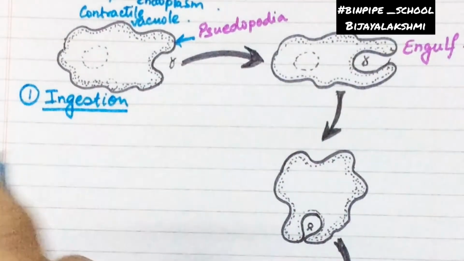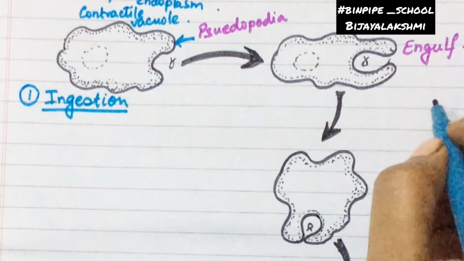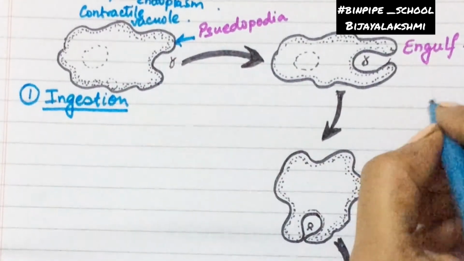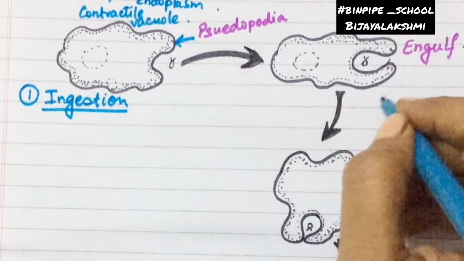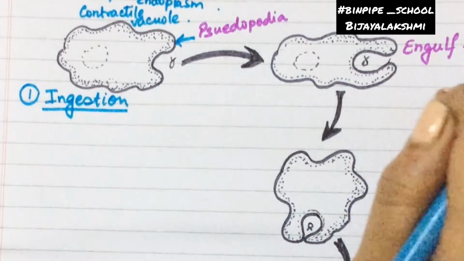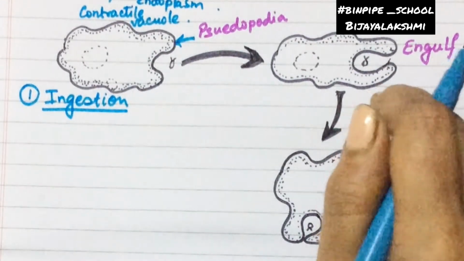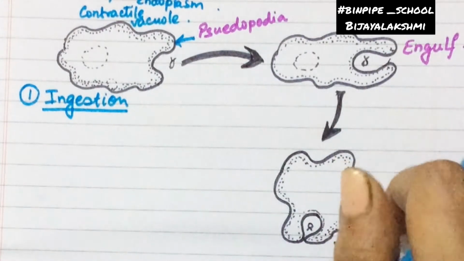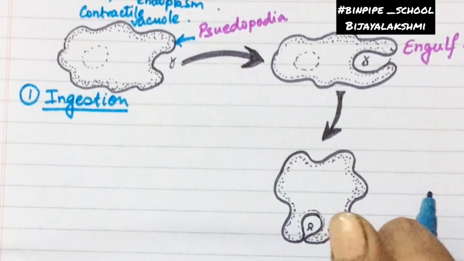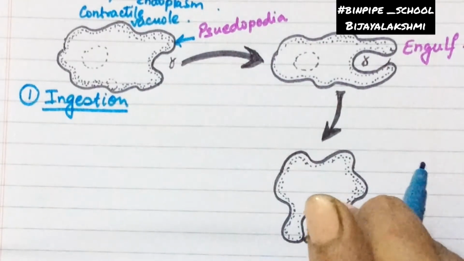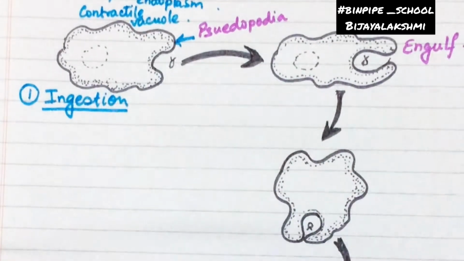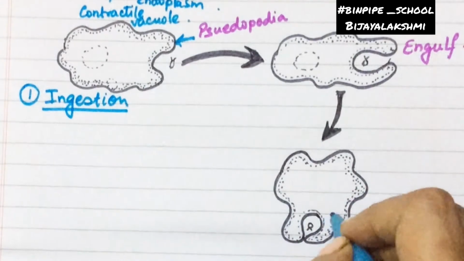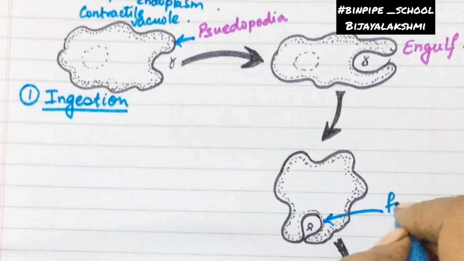Now what happens when the food particle comes near to amoeba? It is surrounded or encircled. This process is called engulfing, and the membrane gets closer to the food particle, and as the food is engulfed along with a little water surrounding, it forms a region called food vacuole.